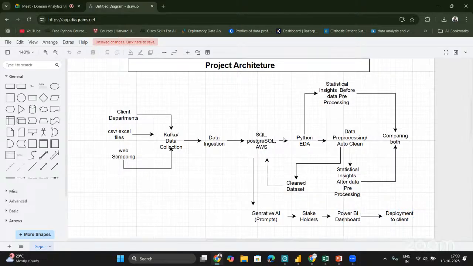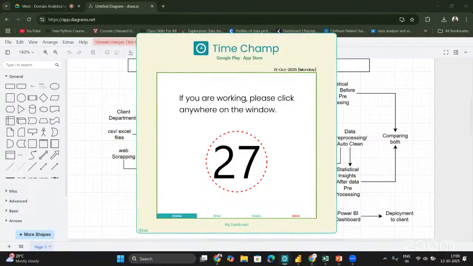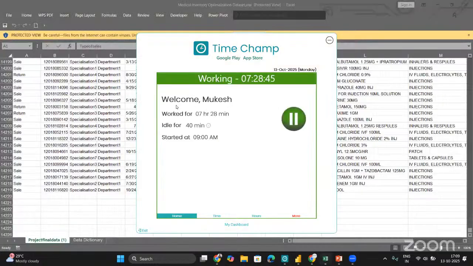So this is the project architecture, and this is our data set.